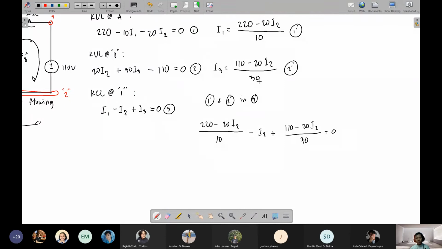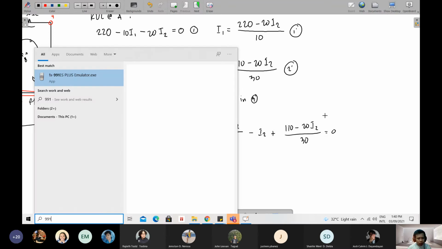You have to solve manually. I will only allow direct solution through calculator if you only have one unknown left. I agree to that, as long as it is only one. But if there are multiple unknowns, you have to solve it manually. Okay? So, let's solve it.